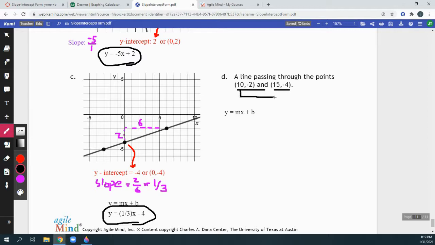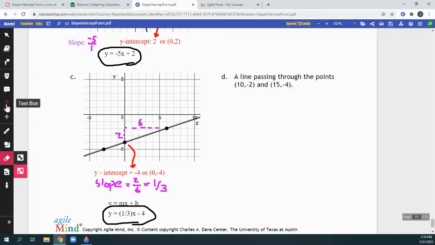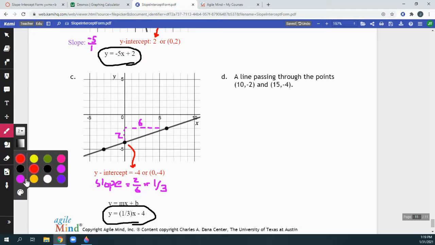The x, let's see this, Control Z. Oh, I didn't want to do that. Whoops. I'm going to erase this. So if I don't have a graph, here's a cool way I can do it. So we're going to find our slope. X adds 5.